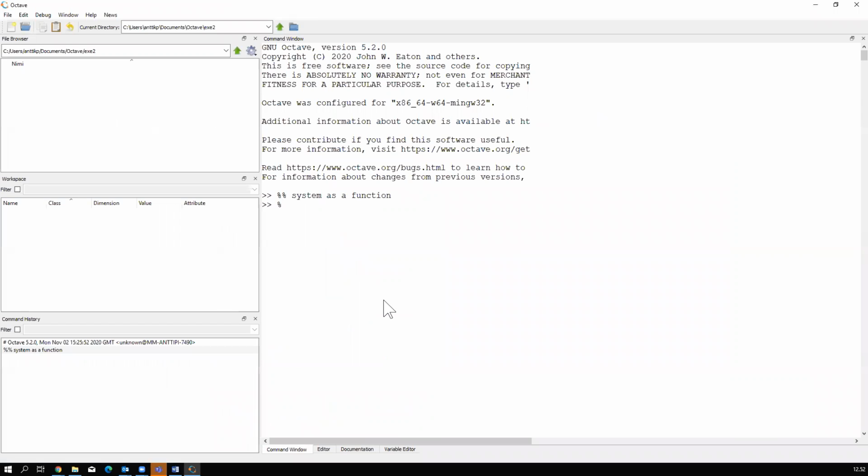So let's see, for example, a system where the output is simply x of n minus 0.5 times x of n minus 1. This is the system that we are going to test for linearity and time shift invariance. Simple enough.